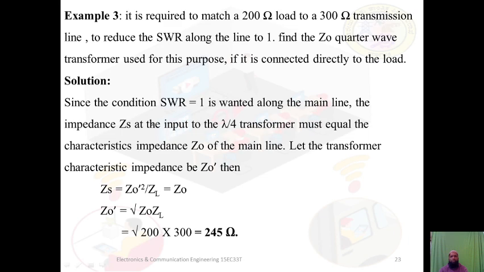Since a standing wave ratio of 1 is needed, the impedance ZS at the input to the quarter wave transformer must equal the characteristic impedance Z0 of the main line, that is, the impedance must match. Let the characteristic impedance Z0 dash be given by the same formula, root Z0 ZL. Substituting, the answer is 245 ohm.